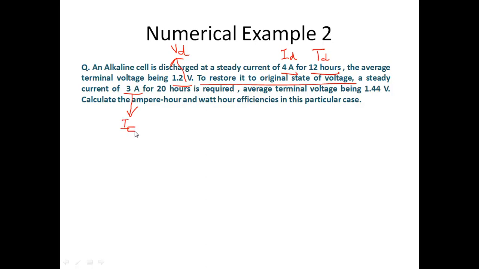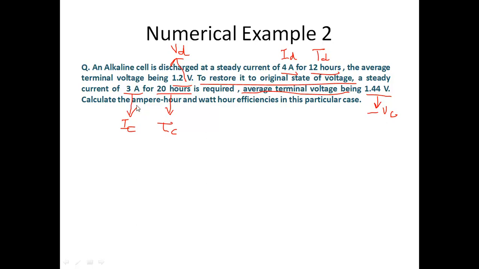It is being charged for 20 hours. TC is the charging duration. The average terminal voltage being 1.44 volt. It means that 1.44 is VC, the charging voltage.